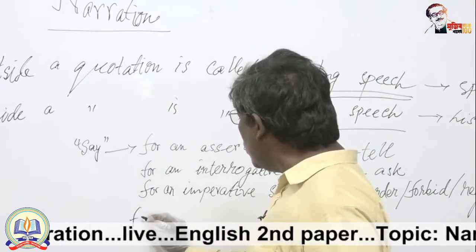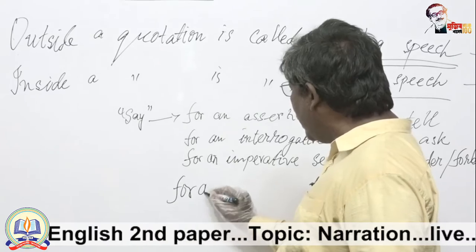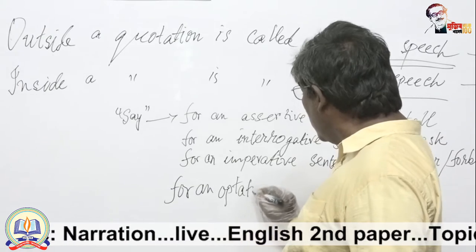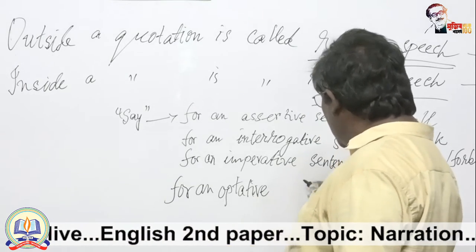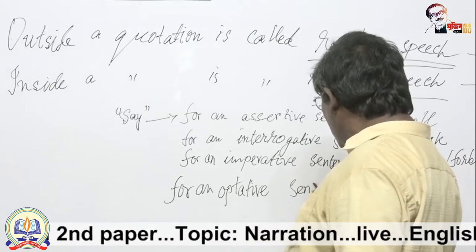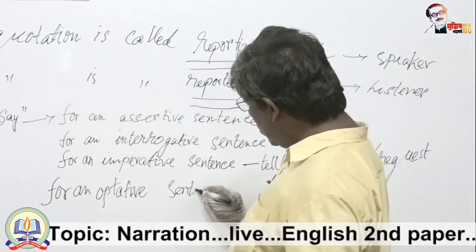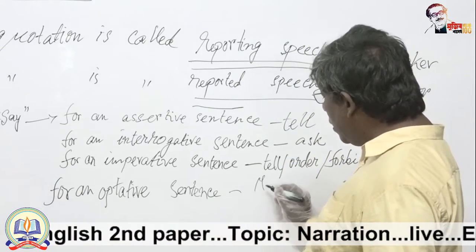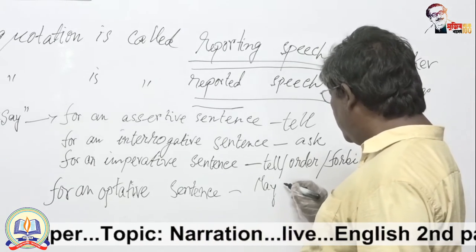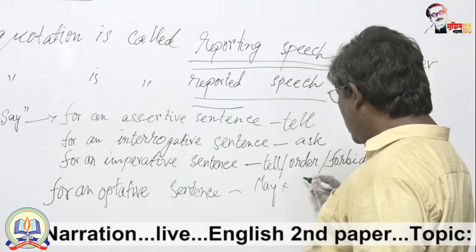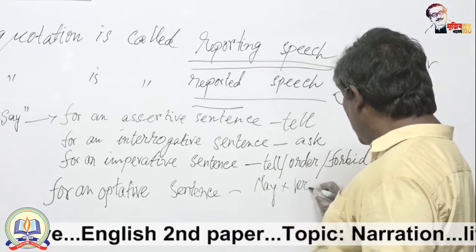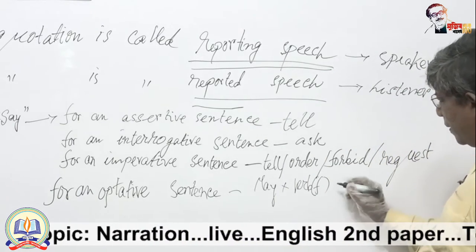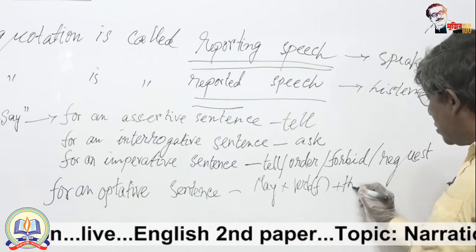For an optative sentence, we use may plus finite verb plus that.